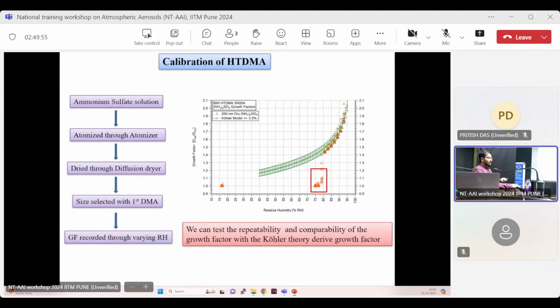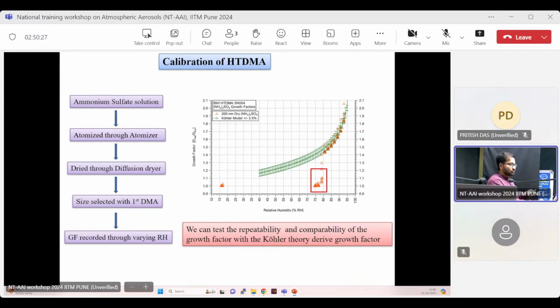So there are some ways to calibrate this HTDMA instrument. It's not basically calibration; it is just to validate whether your two SMPS and your humidifier are working properly with minimal error or uncertainty. To do that, we can send, as I mentioned, ammonium sulfate solution, or sodium chloride, or any known hygroscopic particles.